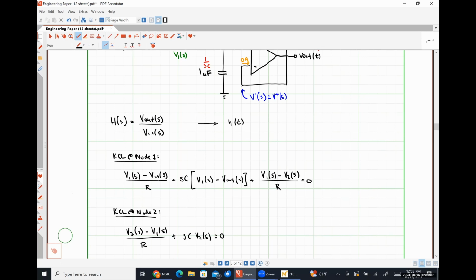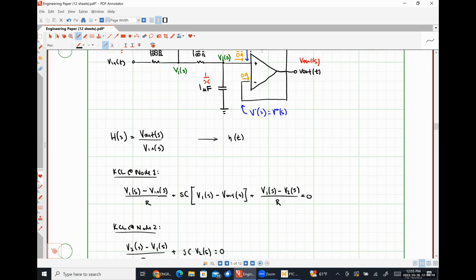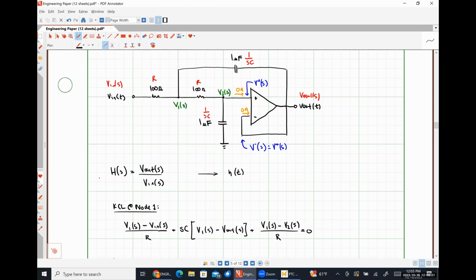We're trying to get something in terms of V out and V in, and so this first equation has V out and V in and V1 and V2. The second equation has just V1 and V2, right? So what are we missing?